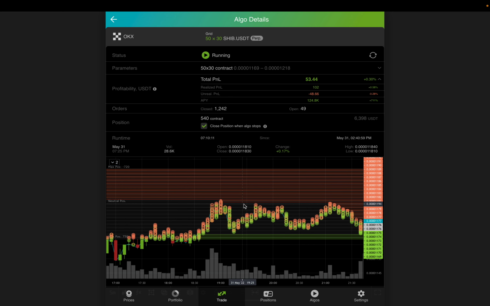If I had only 2 or 3 levels instead of 11, my position would have been 3 times smaller, hence unrealized P&L 3 times less. You get the point, right? So I wouldn't have lost half of the P&L to unrealized. So again, too tight a grid is not a very good idea.